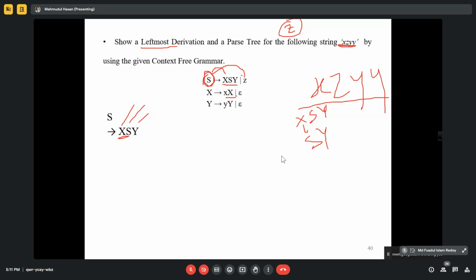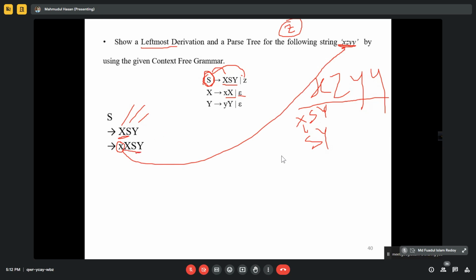Lowercase x is the terminal and uppercase X is non-terminal. So we get our terminal x. The first one is done.